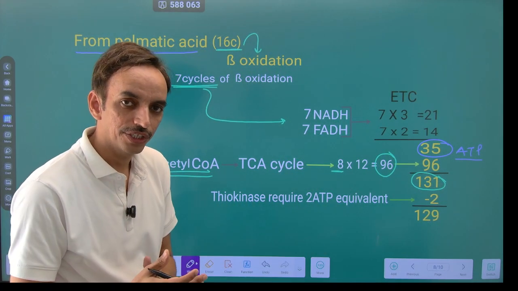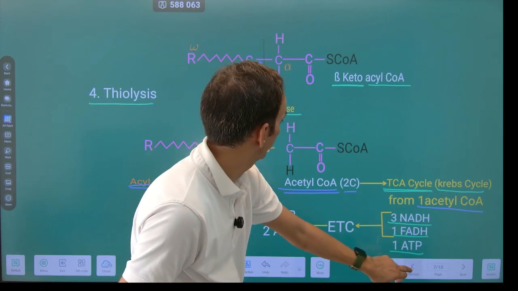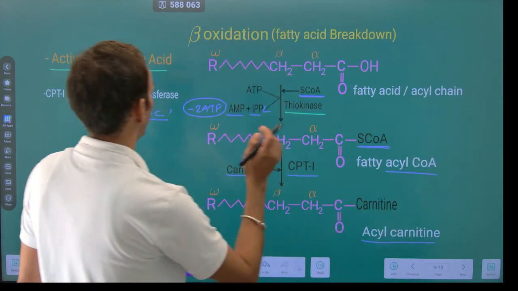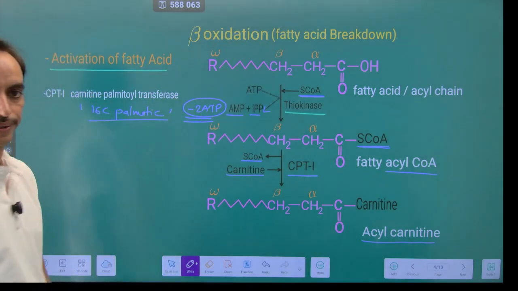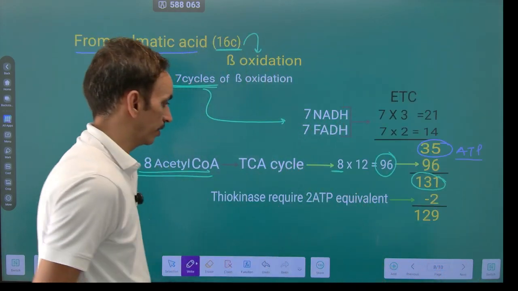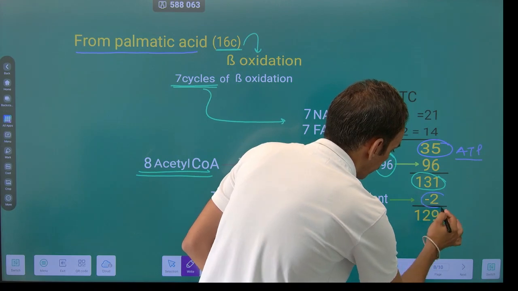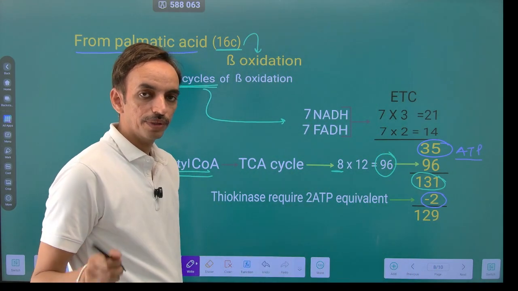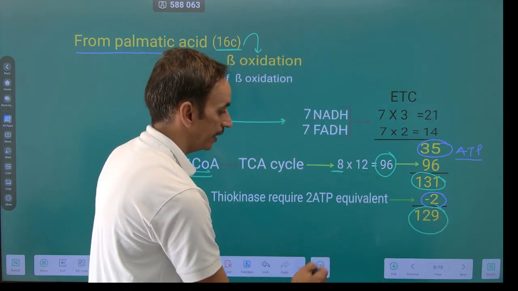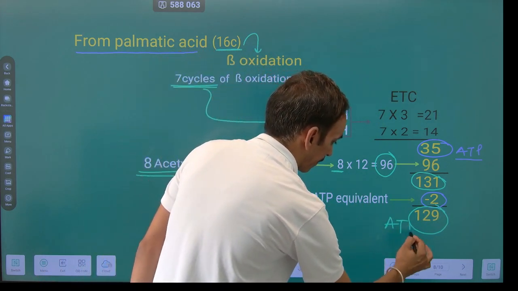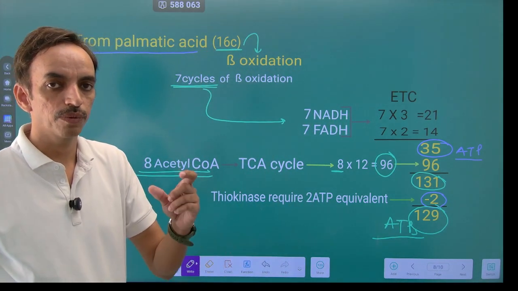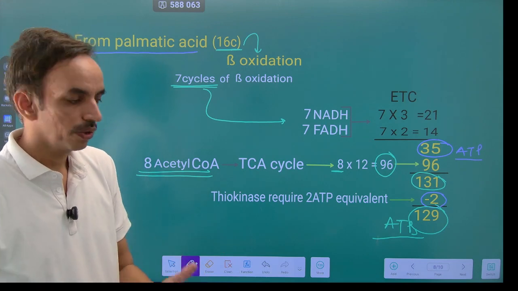Now, during activation, we already stated that there is a utilization of 2 ATP equivalent energy. So we will deduct these 2 ATP from 131. So the net gain from palmitic acid oxidation is 129 ATPs. In this way, you can calculate how much energy in the form of ATP you will obtain from the oxidation of any fatty acid.